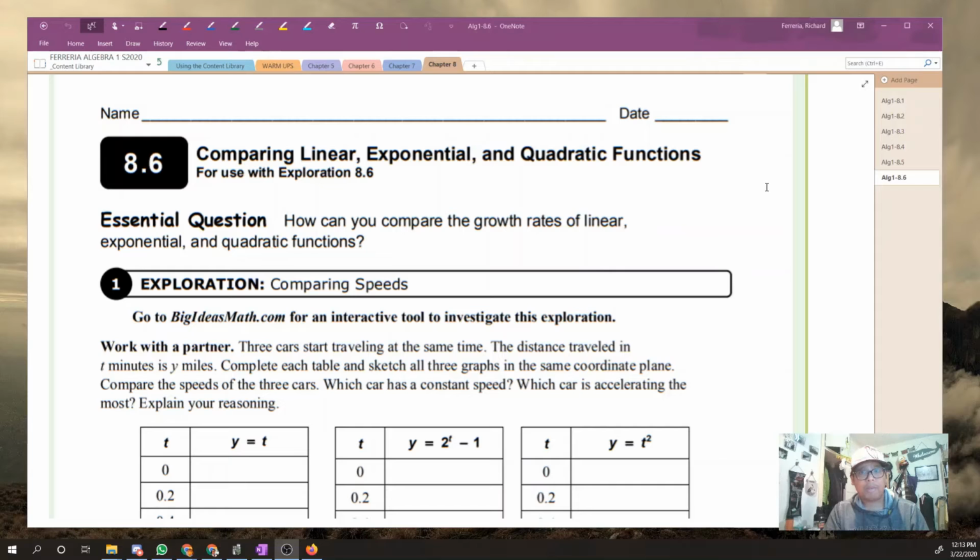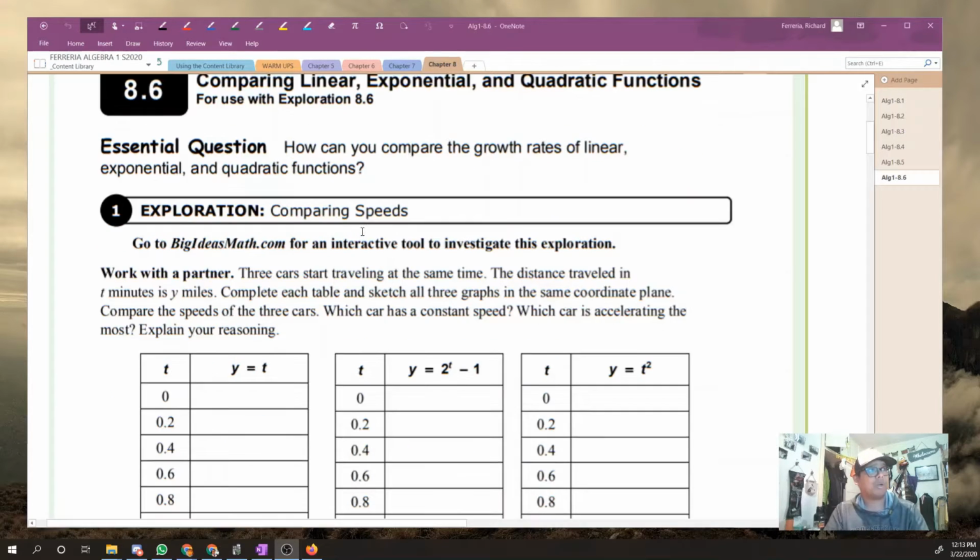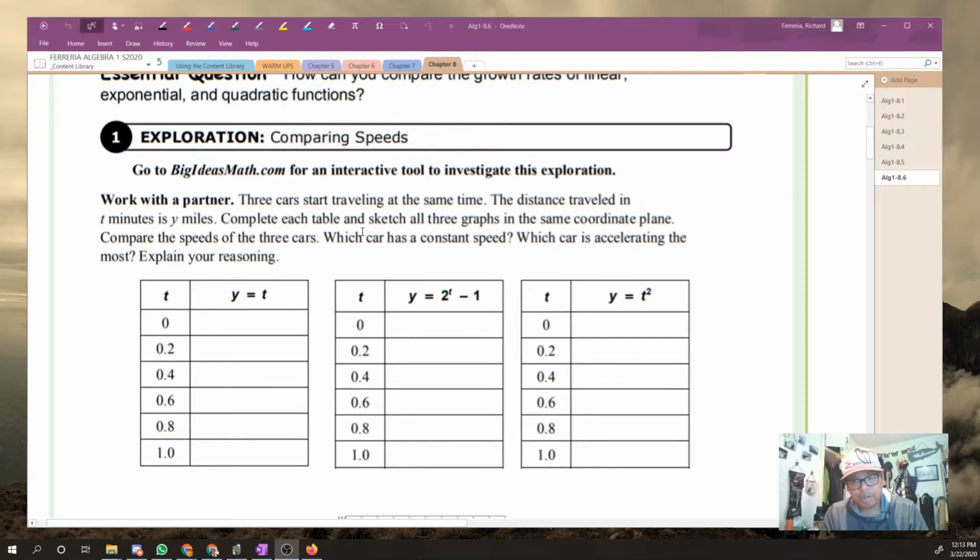How can you compare the growth rates of linear, exponential, and quadratic functions? The answer here, of course, is we're just going to take a look at them. In the first exploration, we've got 3 cars starting at the same time. The distance traveled is y miles. When I look at these charts, this is distance right here, these first columns.